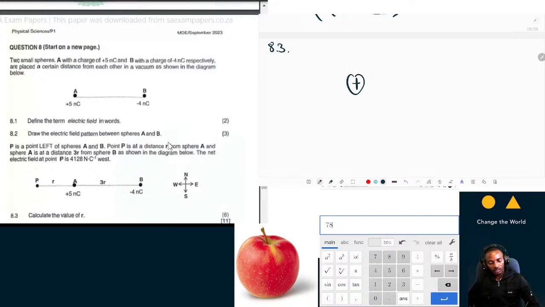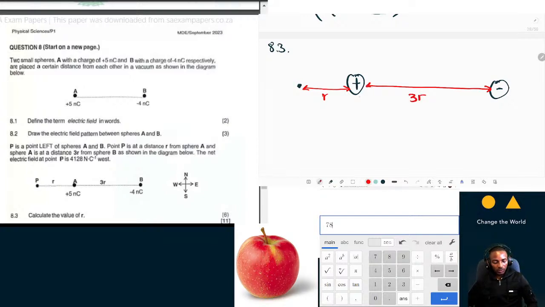So we have sphere A, then we have sphere B. Then we have a point on the left of sphere A and B. Then point P is at a distance r from sphere A, and sphere A is at a distance of r from sphere B. So this distance is 3r.